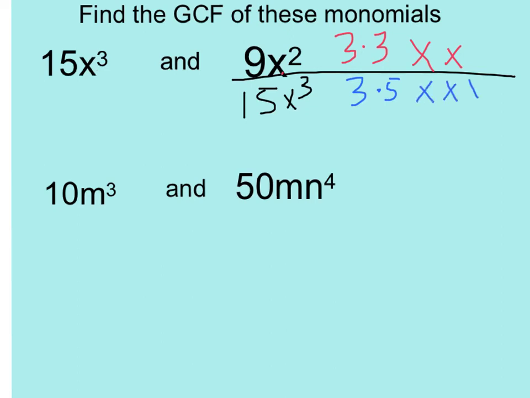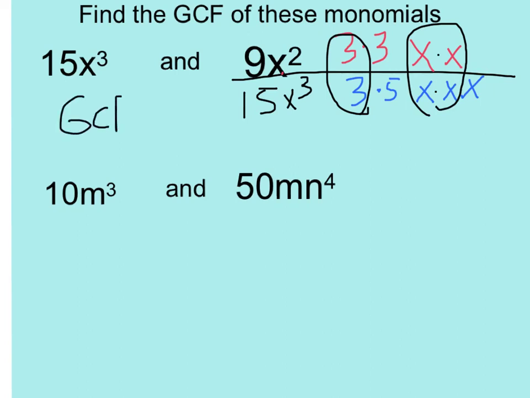In order to find the greatest common factor, remember what we do. We circle what they have in common. They have a 3 in common, and they have 2 x's in common. So the greatest common factor, the GCF, for these two monomials will be 3 and x squared, because I could take 2 x's from here and I could take 2 x's from here. That's my answer.